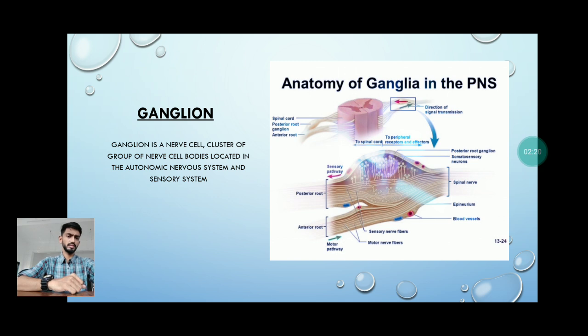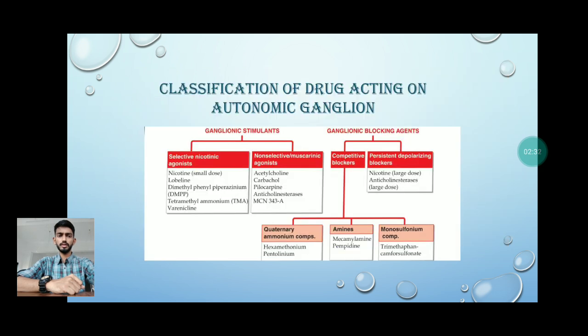Here all of you can see the sensory pathway, described by the red arrow, and the motor pathway described by the green arrow, which shows the transmission of signal towards and away from the spinal cord.